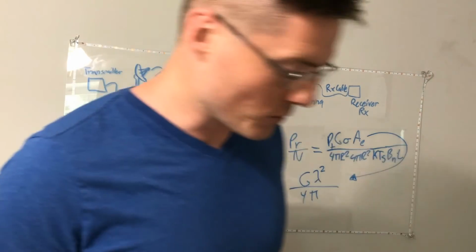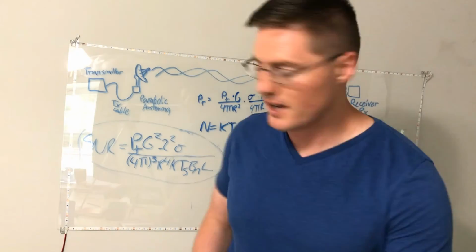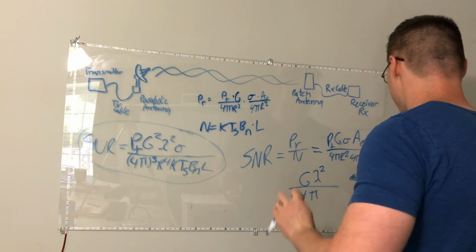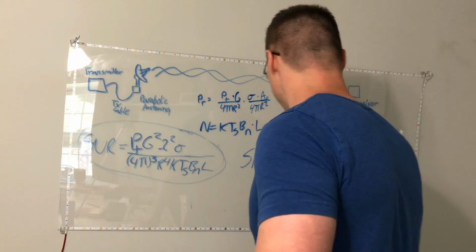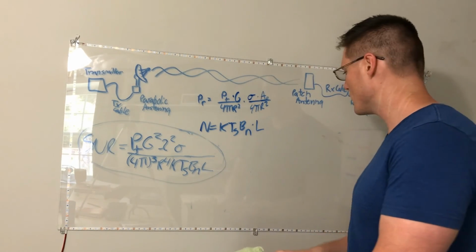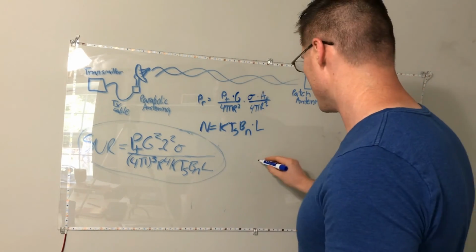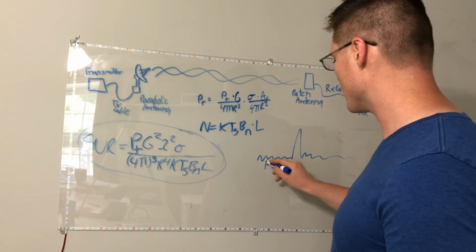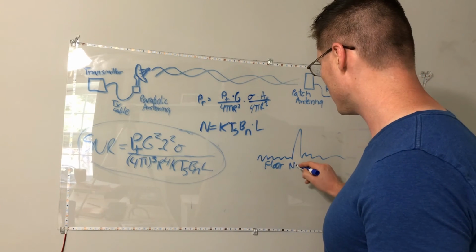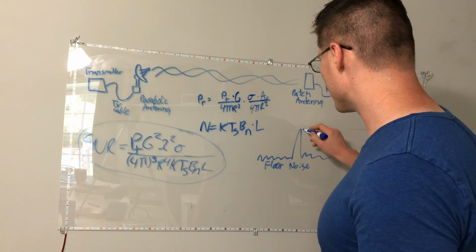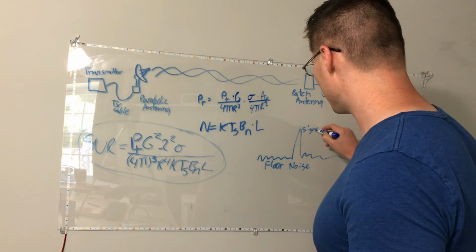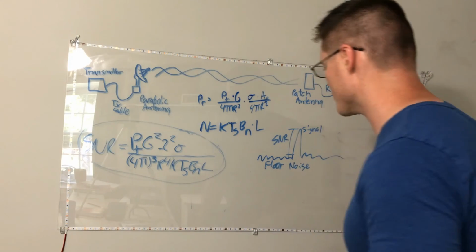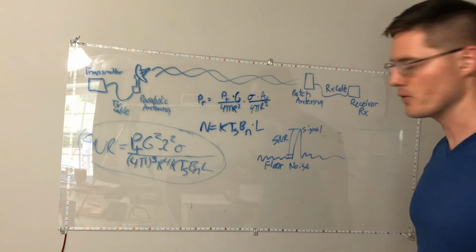Now, one thing to harp on, and I wanted to show you guys a little more about this, is let's erase this side and look at what signal and noise look like from a Cisco perspective. So they list out stuff like this. You consider this the noise floor, and here's your signal, and essentially what you can calculate is your signal-to-noise ratio associated with your signal to the noise floor.